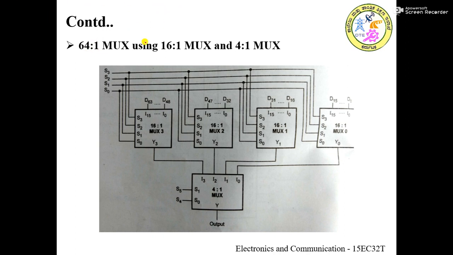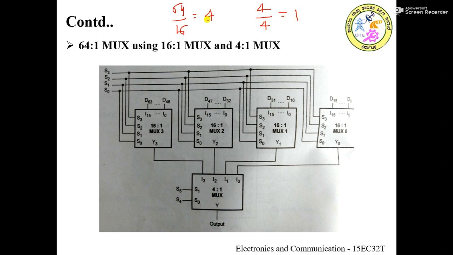First we have to divide 64 by 16. 64 divided by 16, we got a quotient value 4. Now this 4 has to be divided by, they have given you one more mux, which is 4. So this 4 is divided by 4, we got a quotient value 1.